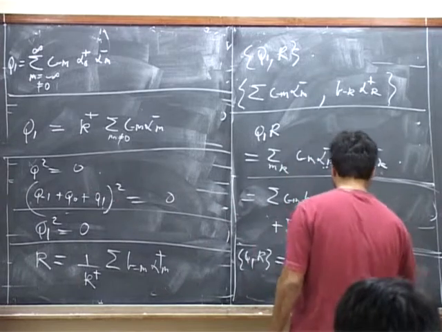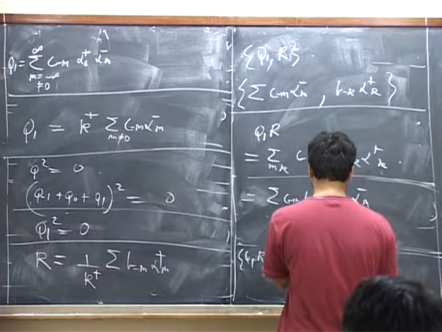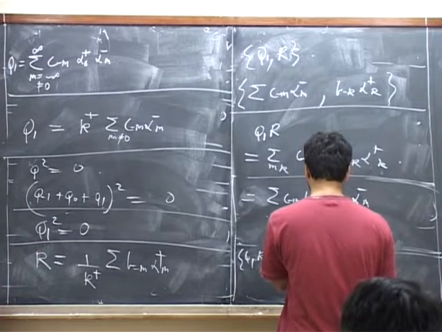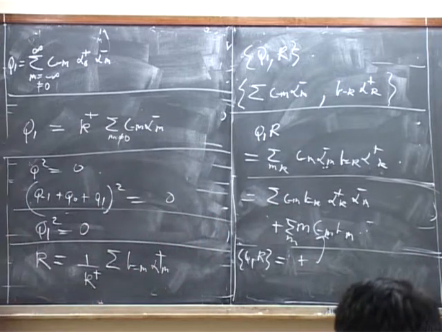Now that guy simply gives you what? Now what are the commutation relations of C and B?